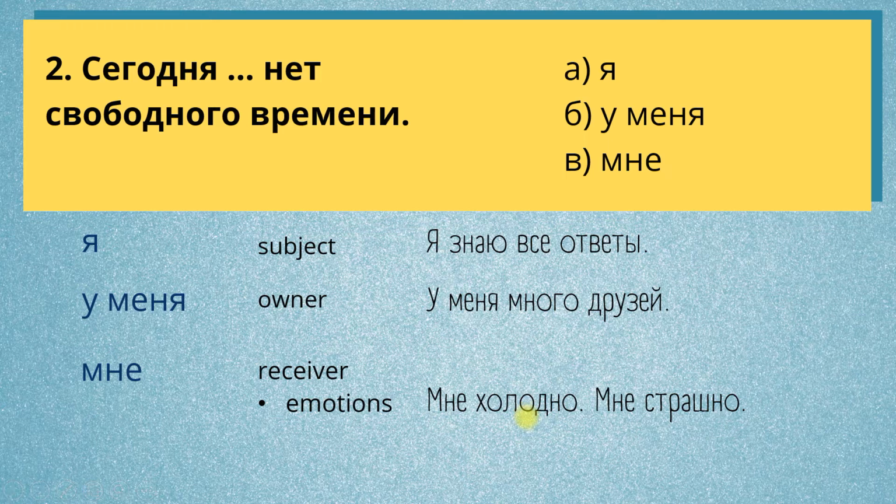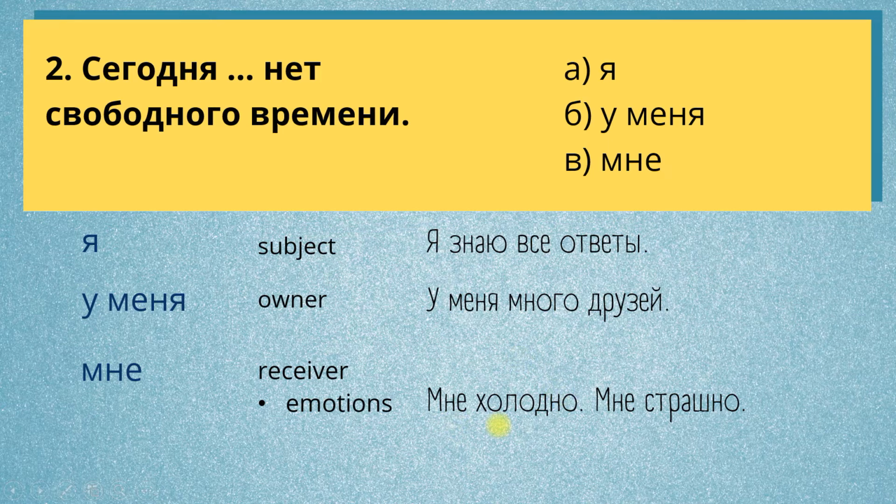that you feel cold and you feel it involuntary. You don't want to feel it yourself. You just receive the cold from the weather, or maybe from a person, maybe he is very unpleasant and you feel cold from him. Мне холодно.